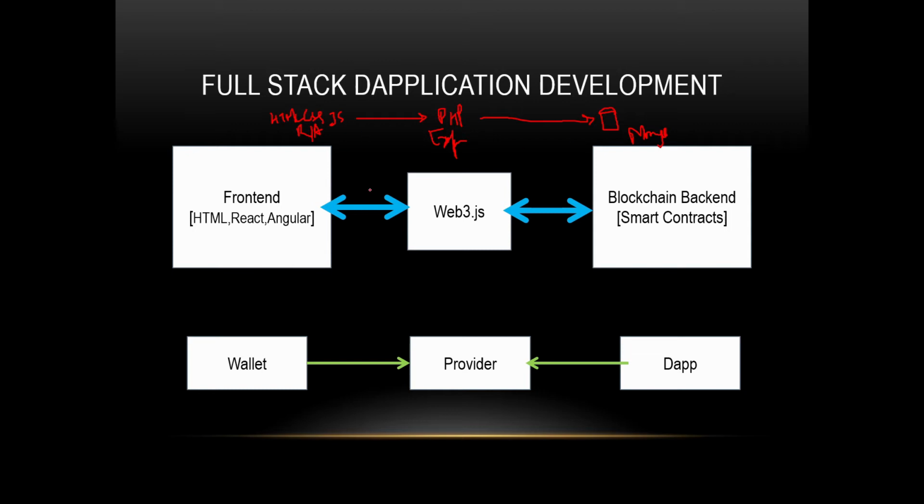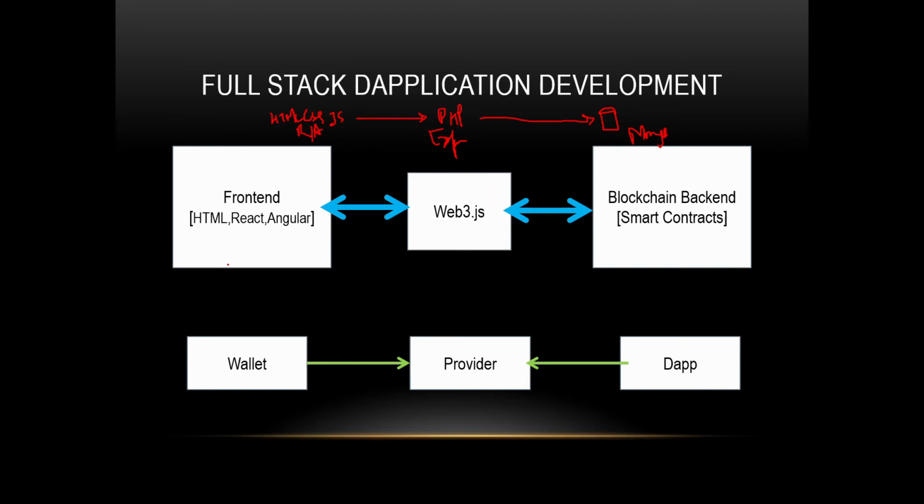But what about the blockchain? How do we get into full stack application development in blockchain? Firstly, it is not known as a full stack application, it's known as a dApp because it is a distributed application. So how to go about it?